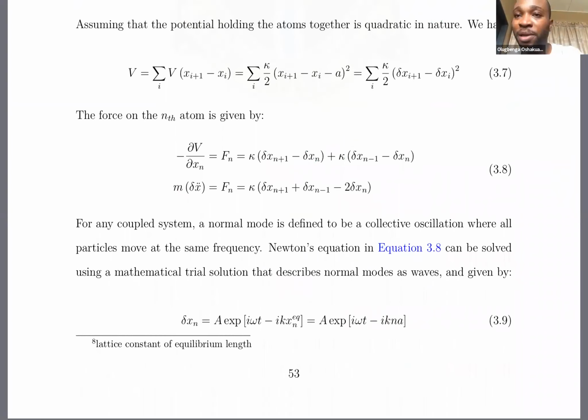So now the problem at hand is to solve this particular equation. To solve it, we bring in a trial solution.